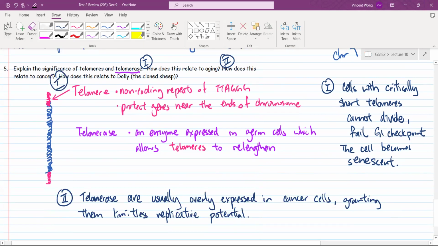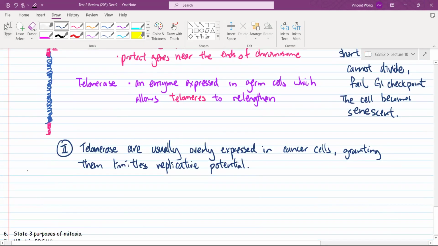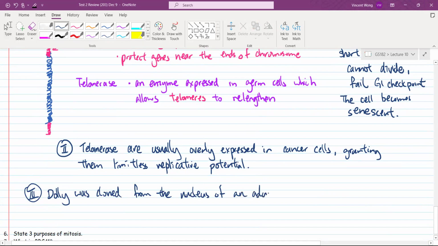And number three, how does this relate to Dolly the clone sheep? Dolly was cloned from the nucleus of an adult cell with shortened telomeres because the adult sheep has been having cell division throughout its lifetime, right?